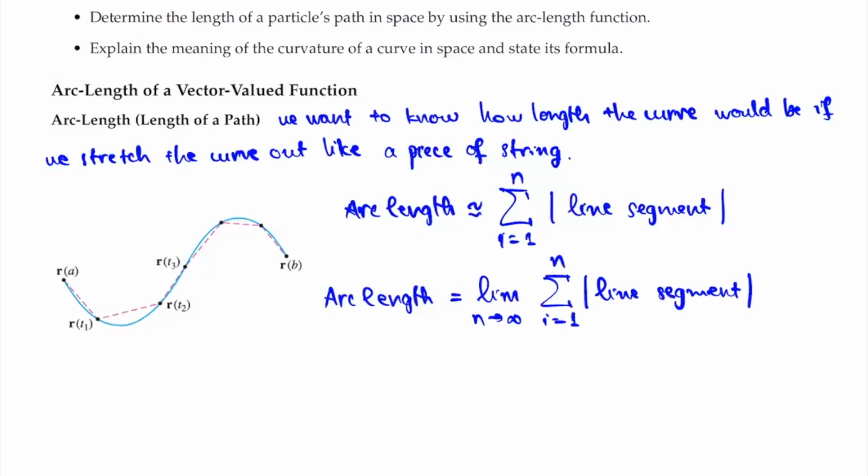By taking the limit as n goes to infinity, you go from the approximation to the equal sign. Okay, but still, this is the idea that helps us derive the arc length formula.